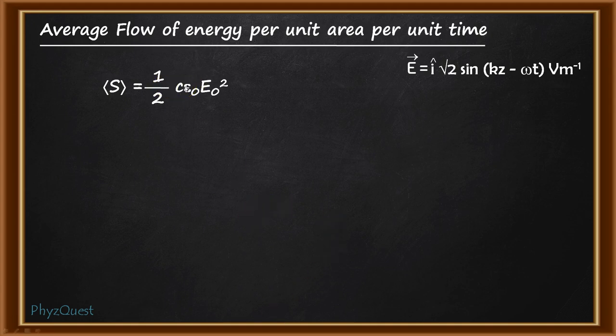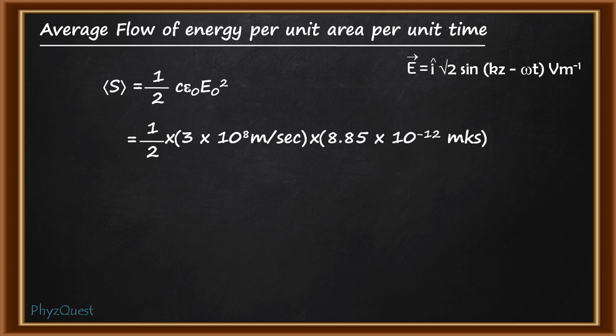This will be equal to 1 by 2, c, the velocity of light, equal to 3 into 10 to the power 8 meter per second in SI unit, of course. Epsilon 0 is equal to 8.85 into 10 to the power minus 12 in MKS unit, and E0 square. In the expression of the electric field, this root 2 is your E0, the maximum electric field strength. So in place of E0, we put root 2, so this will be into root 2 volt per meter whole square.